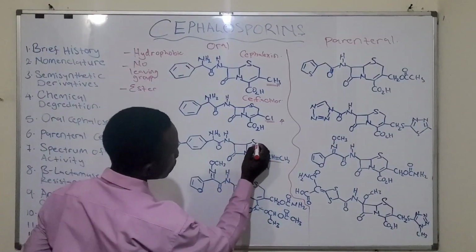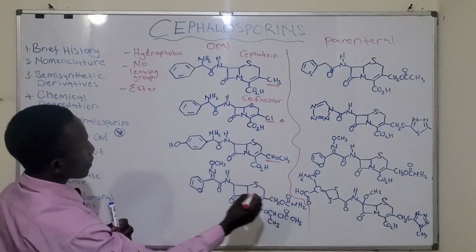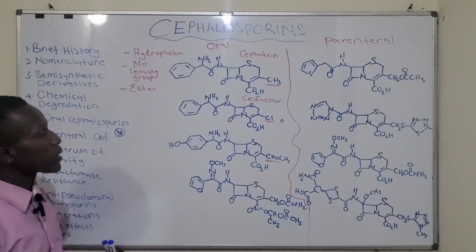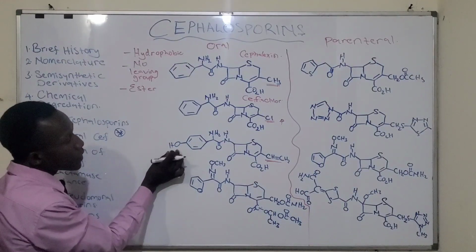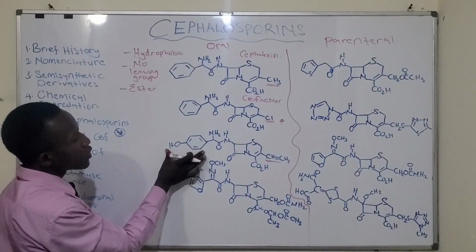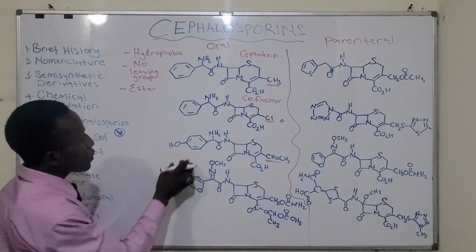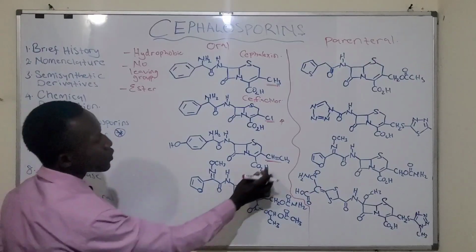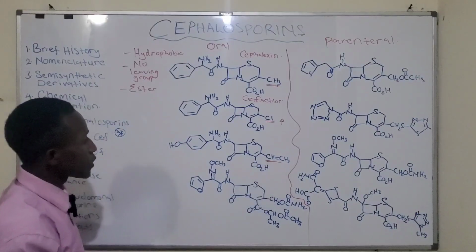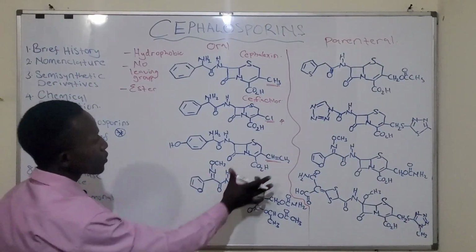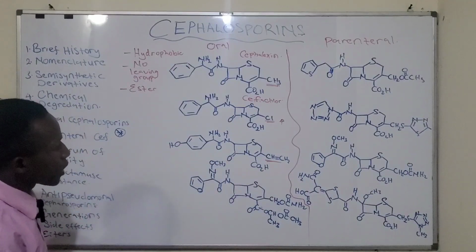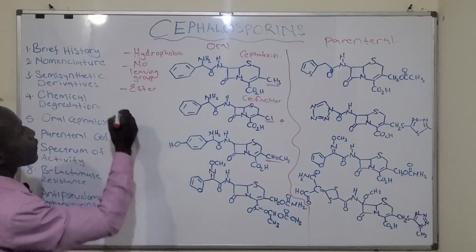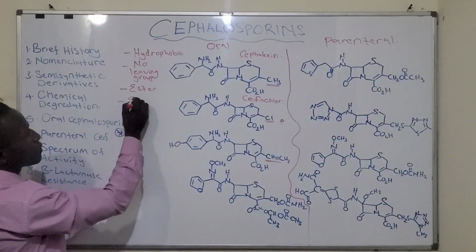This cephalosporin. Now, there is a hydroxyl part, but the hydrophilicity of this drug is not so much as to hinder the penetration through the GIT membrane, because there is also this part. There's also this part, meaning that this one can be given orally and can penetrate the membrane.